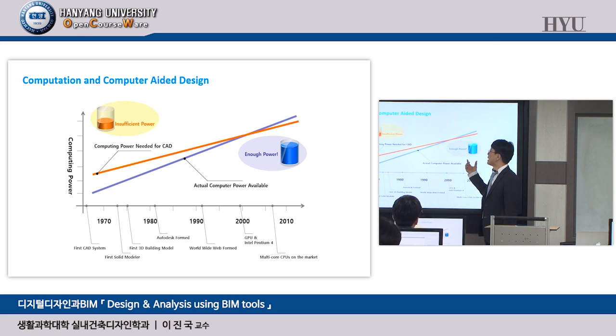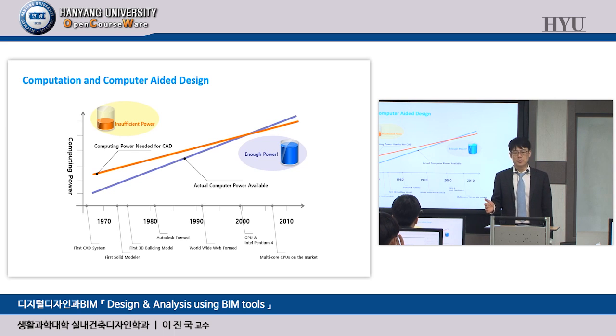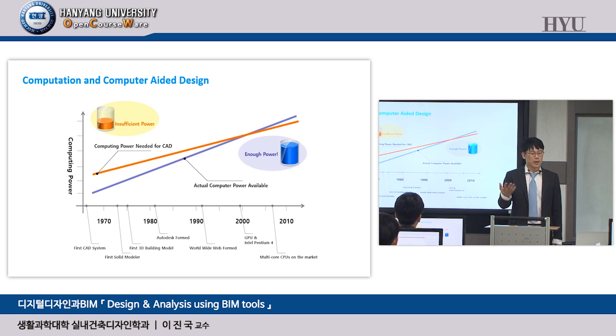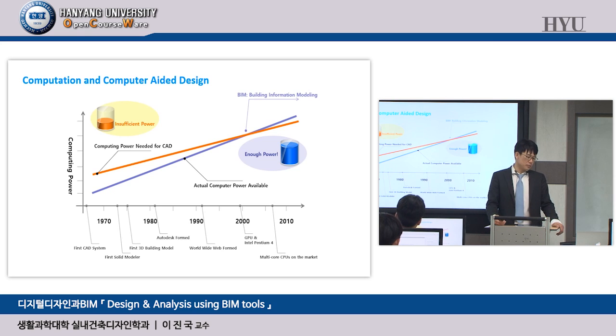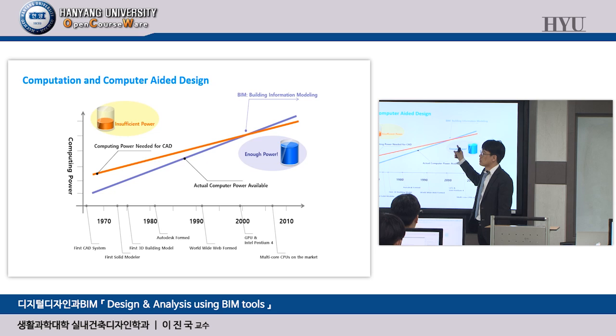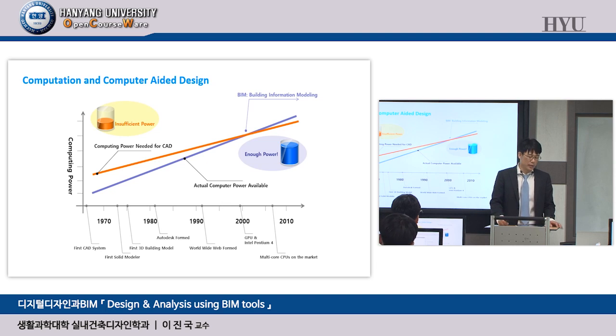That is why BIM or even advanced computing technology applications are available without any problem. Simply say affordable, okay? Within your hand. So this is the moment when BIM is available to the public, okay?